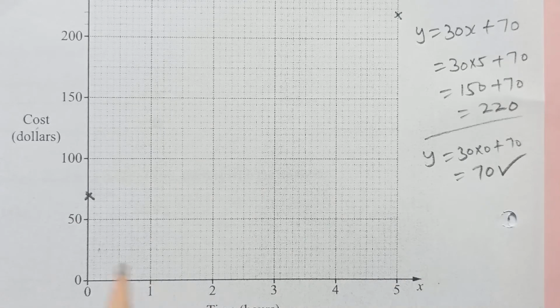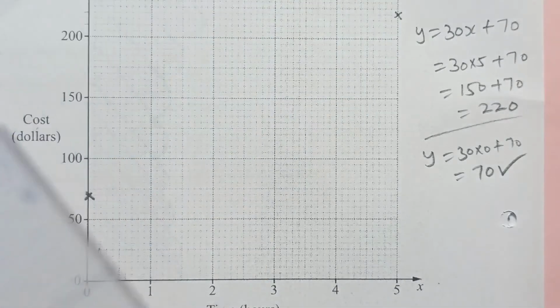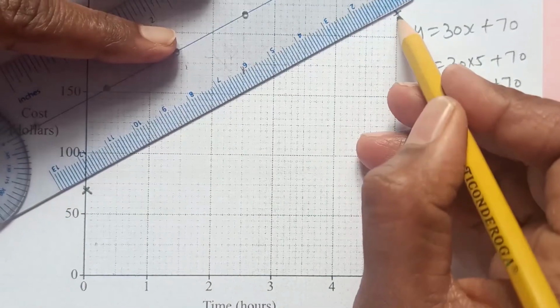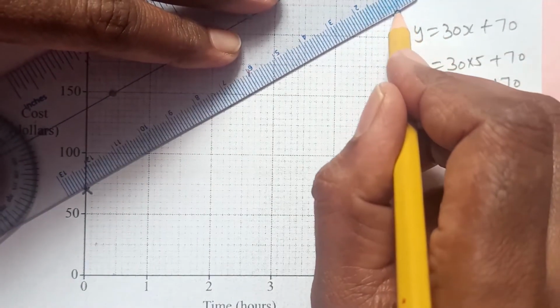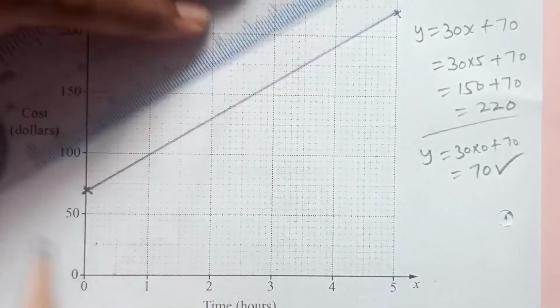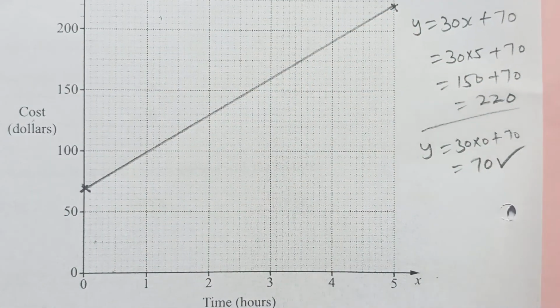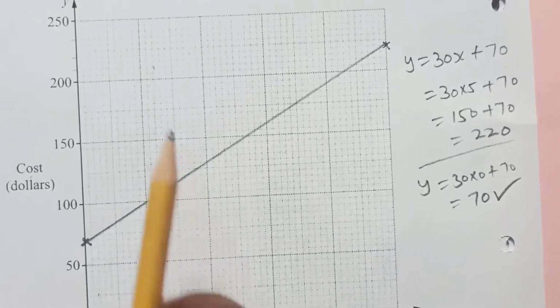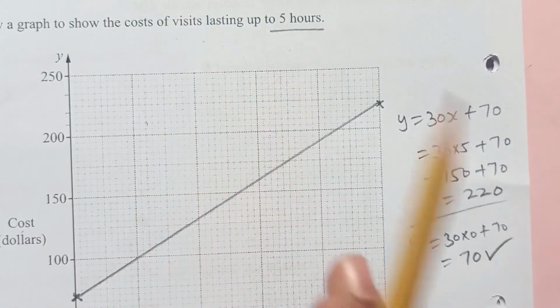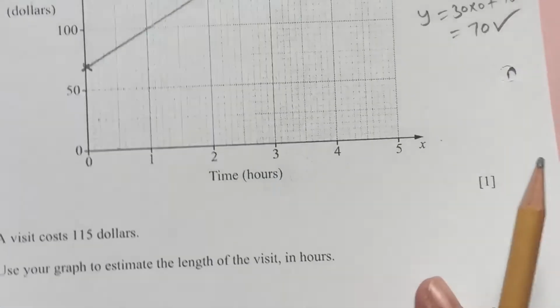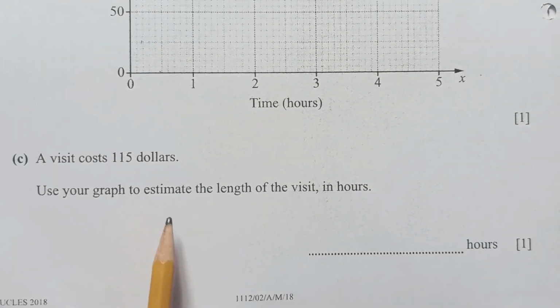So just joining the line here will give you the graph. Like this. Okay, so that is the graph that we are asked for, a graph to show the cost of a visit lasting up to 5 hours.